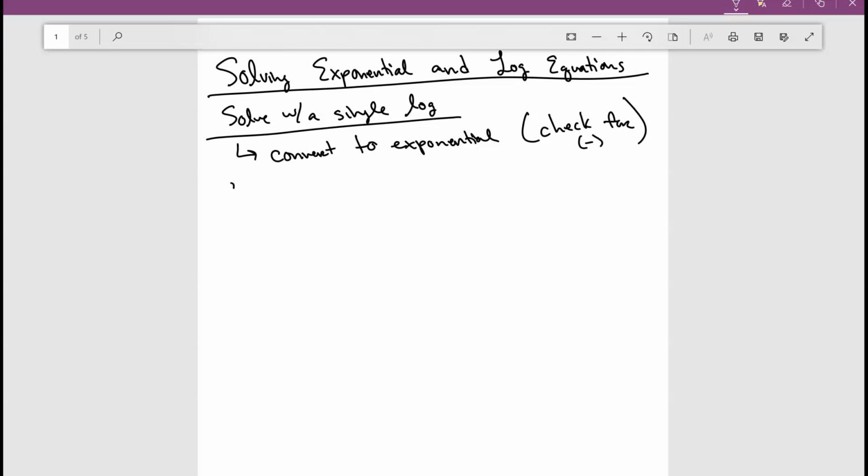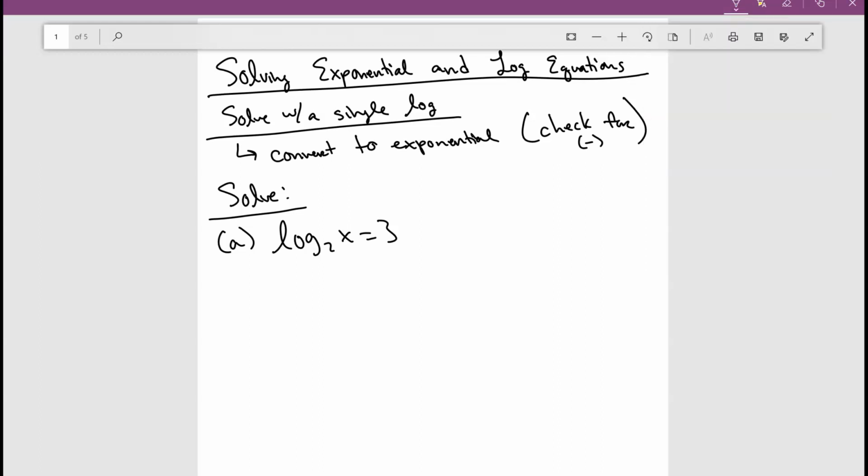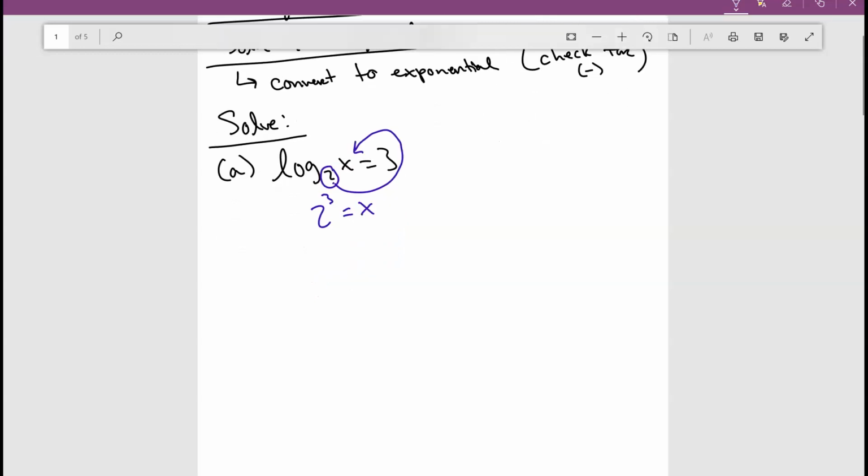Okay, let's jump right in and start solving a couple of them. Let's say we had log base 2 of x is equal to 3. One of the first things you want to do is convert it to exponential. I'm going to take this 2 and bring it around, so it's 2 to the third power equals x.